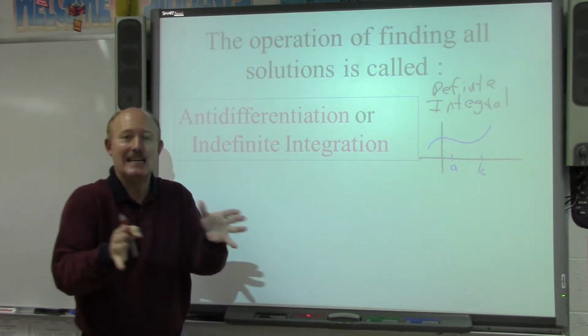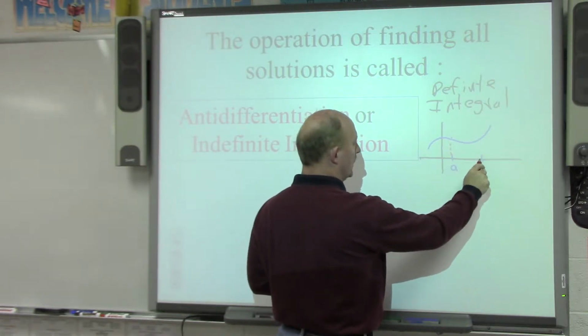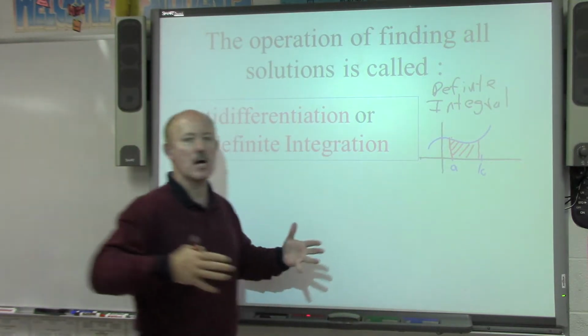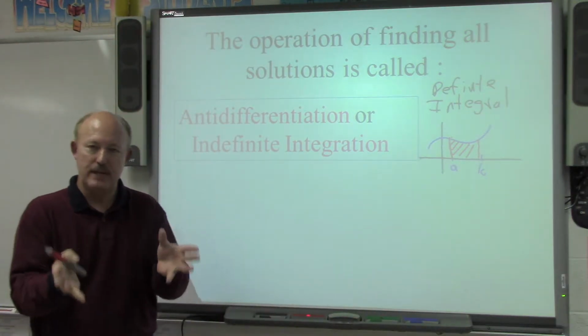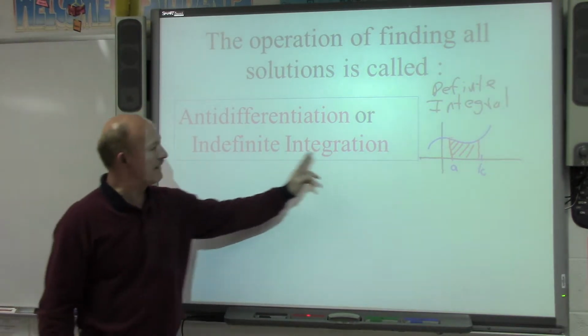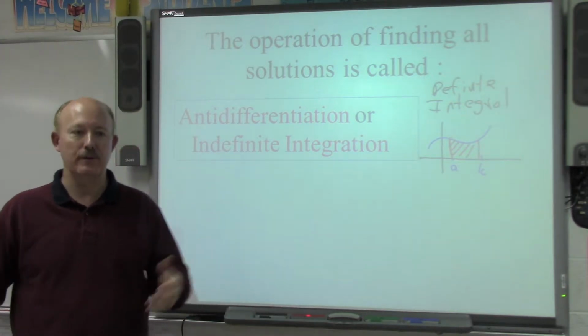Now, definite integration involves finding the area between the curve and the x-axis, or what we call the area under the curve. So definite integration is area under a curve, whereas with indefinite integration, you're just finding the actual expression for the family of functions.